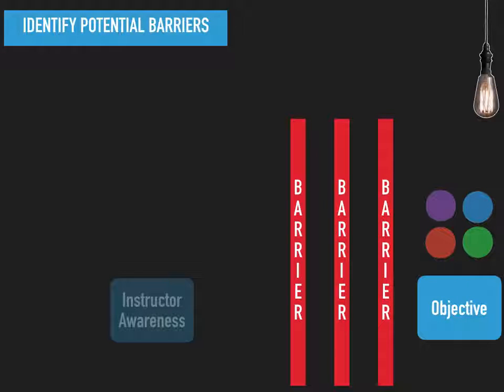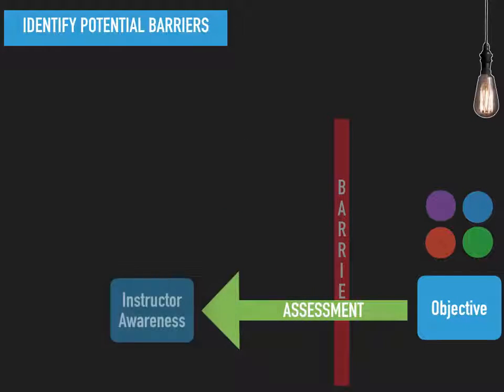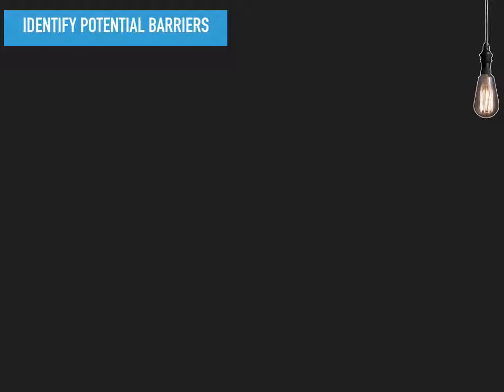And so in UDL design, we think about those as well, and provide assessments that allow students to demonstrate their learning without those kinds of barriers in place. For example, some students might find essay writing to be a skill that is significantly challenging to them, but if essay writing is completely irrelevant to the content that I'm assessing, maybe I can provide other ways that students can demonstrate mastery of their knowledge and understanding of deforestation, for example.